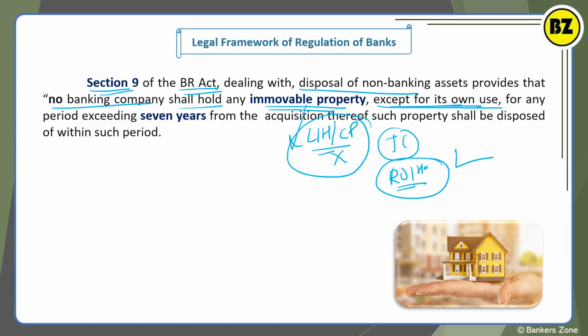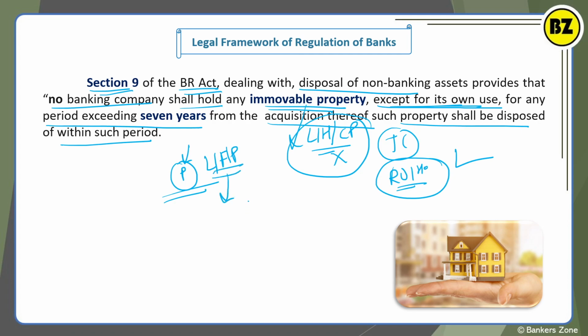Any property held for a period exceeding 7 years from its acquisition shall be disposed of within such a period. If the bank purchases any immovable property, say land or a house, then within 7 years the bank has to sell it.